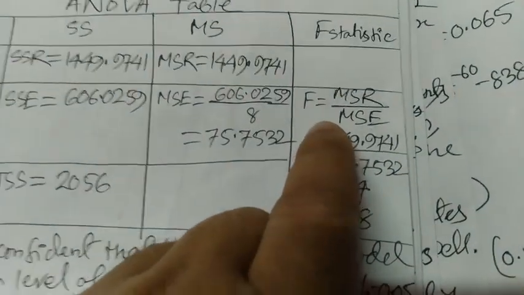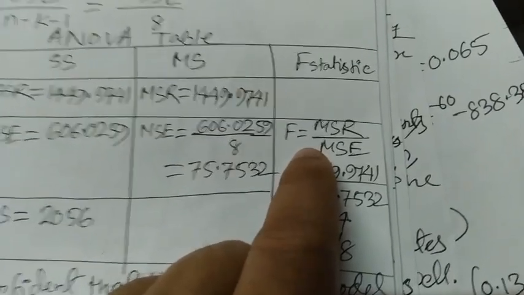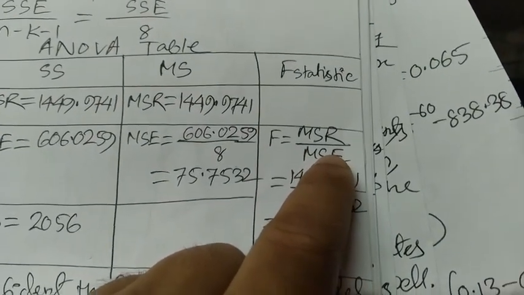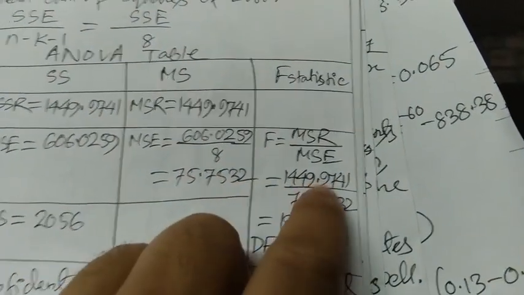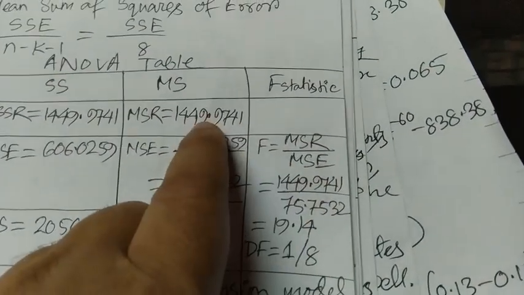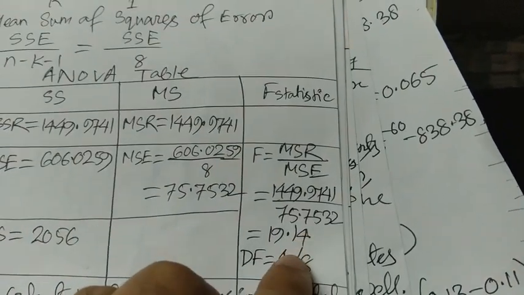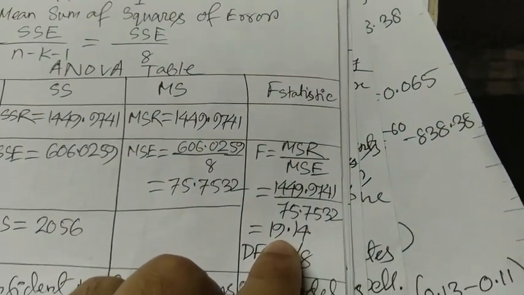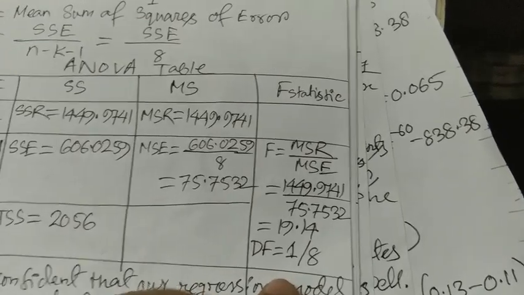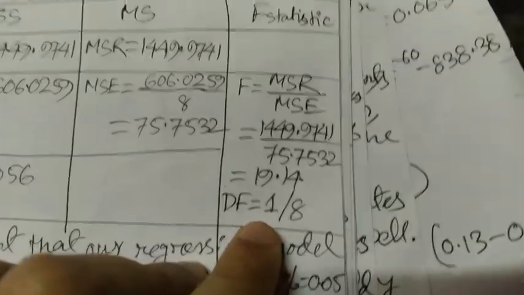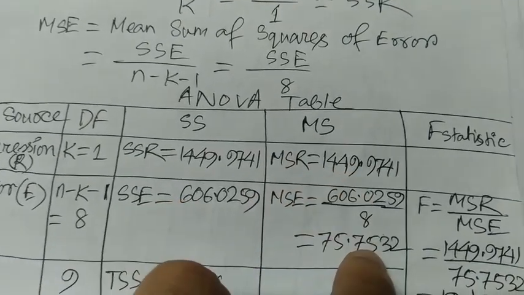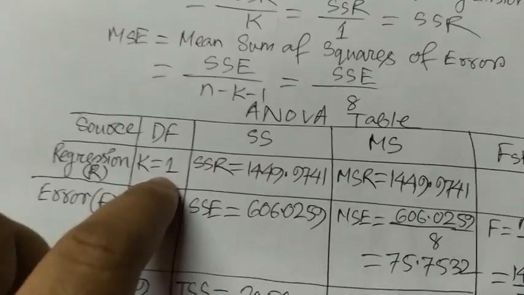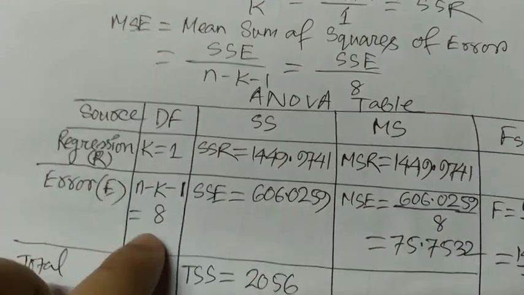The formula for F statistic is equal to MSR divided by MSE. So MSR divided by MSE is calculated as 19.14. And the degrees of freedom for this F statistic: since we divide this by this, the degrees of freedom will be 1 divided by 8.